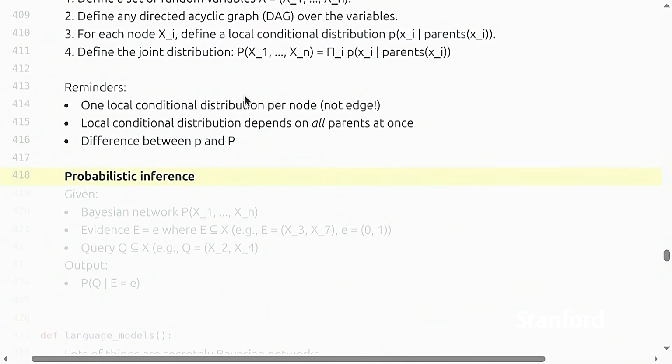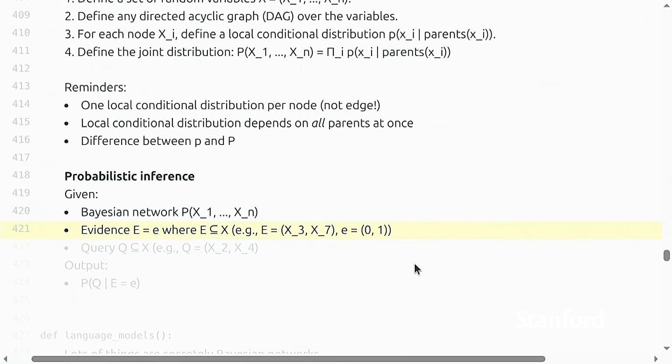Okay? All right. So when you do probabilistic inference, you're given this Bayesian network, which defines a joint distribution over all n variables. There's some evidence, usually written as E equals little e, where big E is a subset of the x's, the variables. For example, you can say, I observe that x3 and x7 are 0 and 1 respectively.